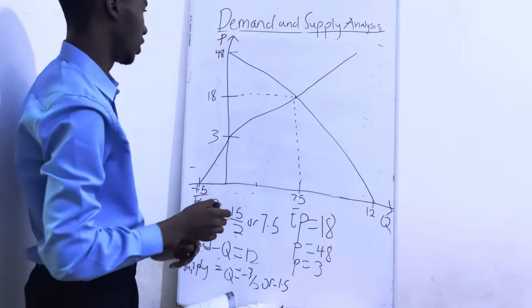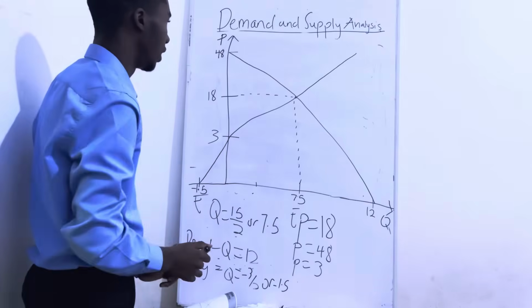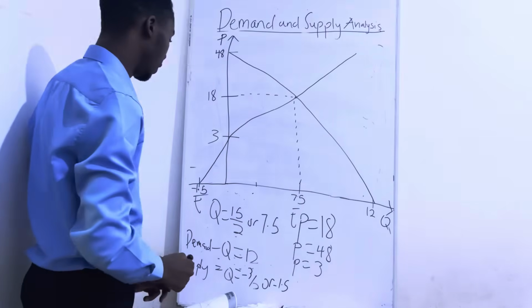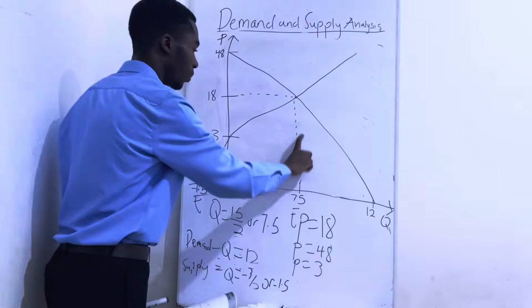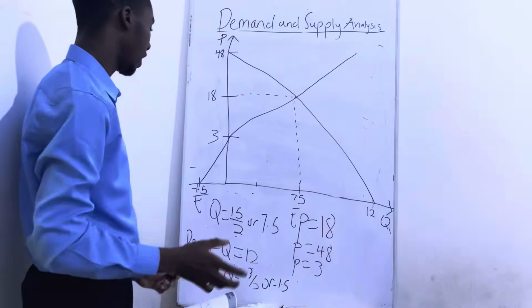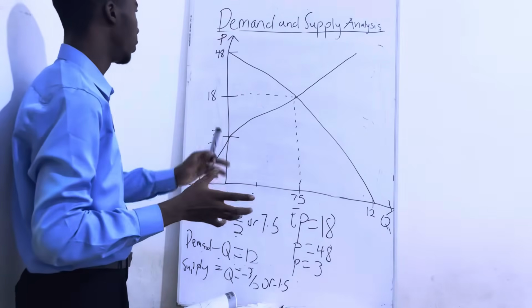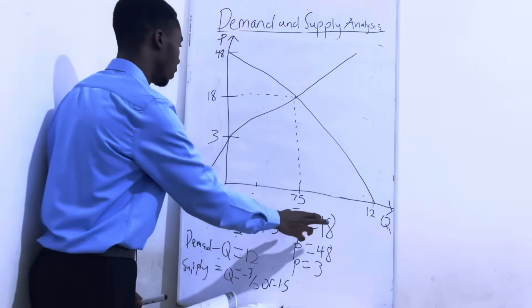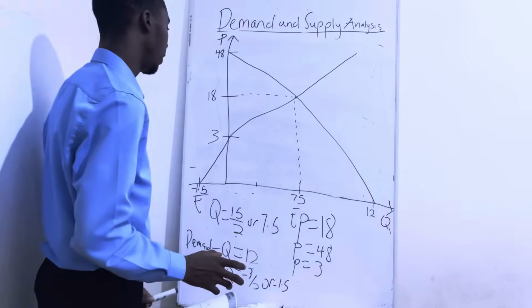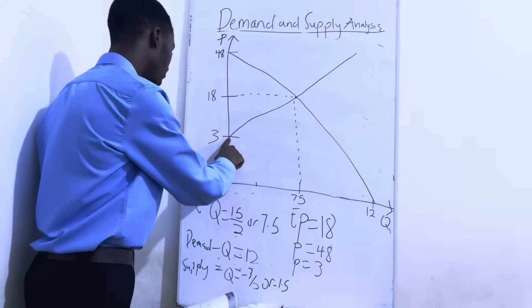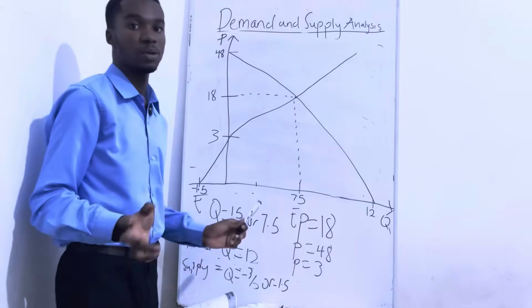Mine is not too straight, but it's supposed to be a bit straight. So this is the equilibrium price and the equilibrium quantity. Now the second one, the demand function: when you substitute the values, you get 12 and 48. For the supply function, when you substitute the values, you get 3 and negative 1.5. That's how you go about it.